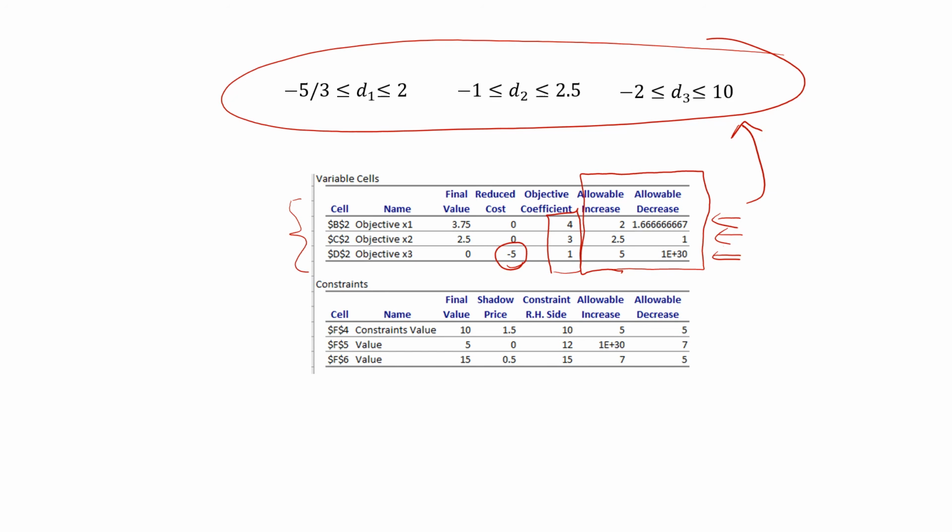So it tells us that if my profit on my third item goes up by 10, I'm still okay. If it goes up by 11, I have to recalculate my optimum value.